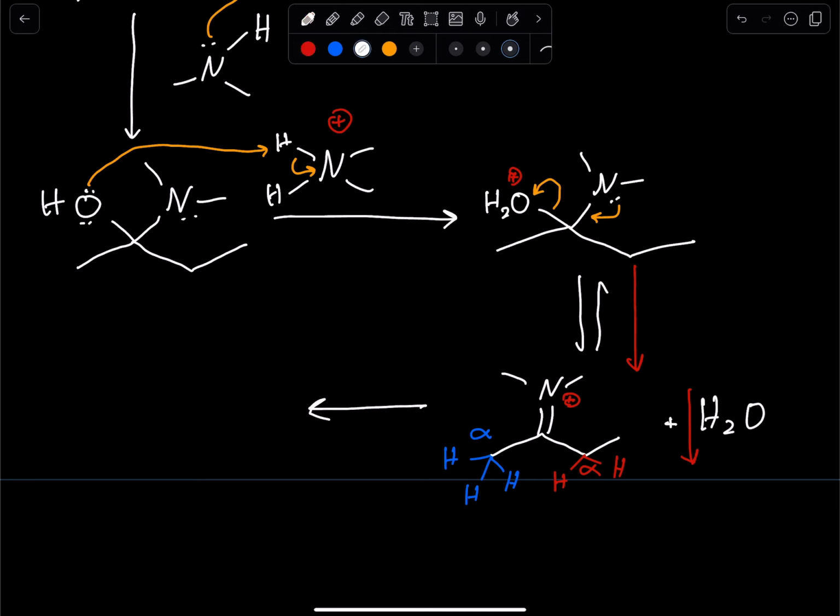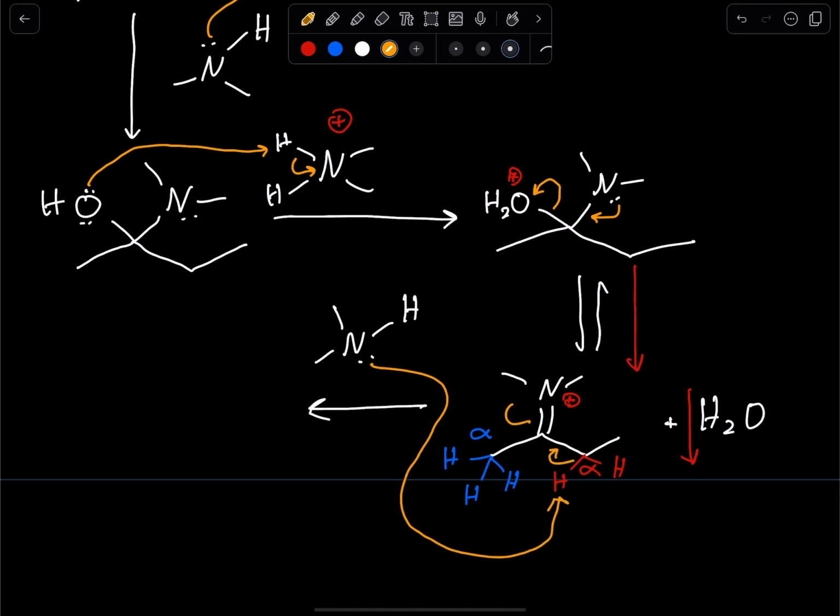What needs to happen is that an amine needs to come in, use its electrons, deprotonate one of these hydrogens, and then the bond will form over here to form that double bond. Then this double bond between the nitrogen goes up to the nitrogen. You could either do that, or you can alternatively take one of the other hydrogens and form the other product.